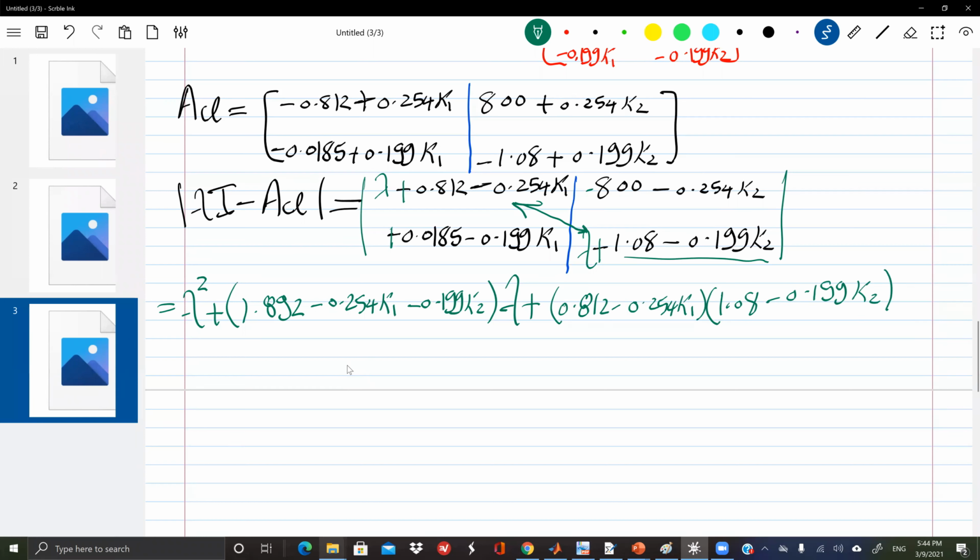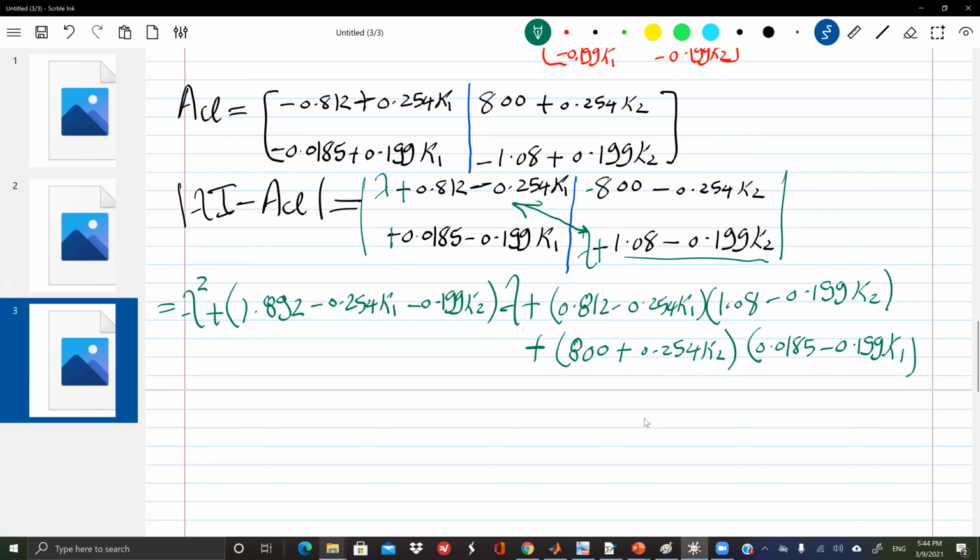This is all minus the off diagonal. This thing was minus, I'm going to have here as a plus, the 800 and 254 K2 times minus 0.199 K1. We're done. And you need to flesh this out.